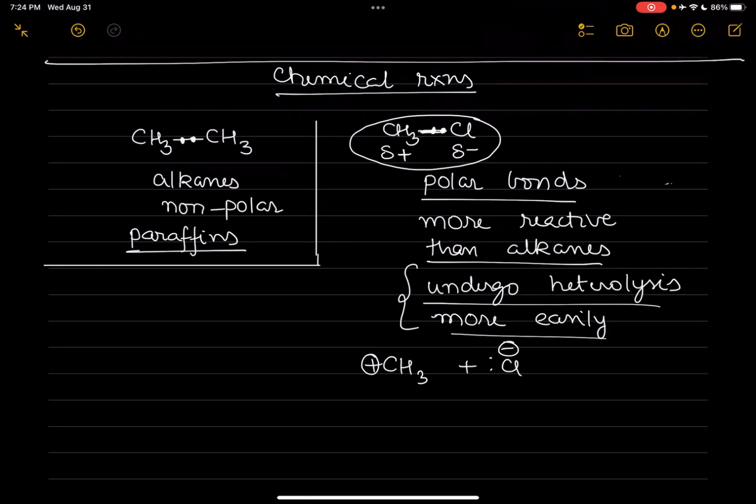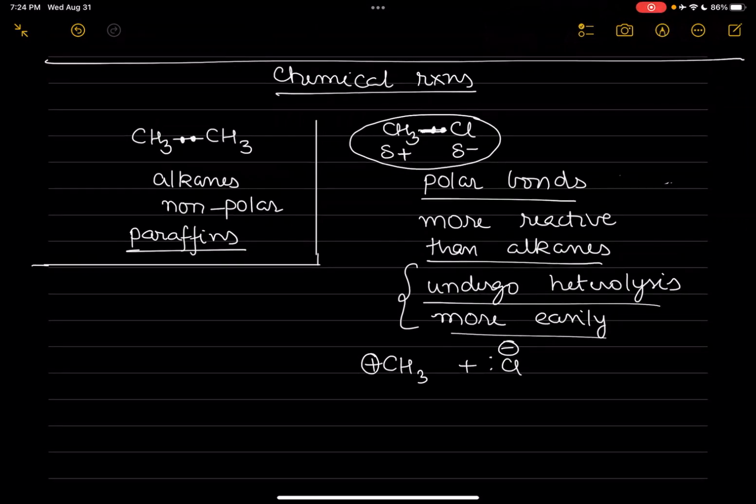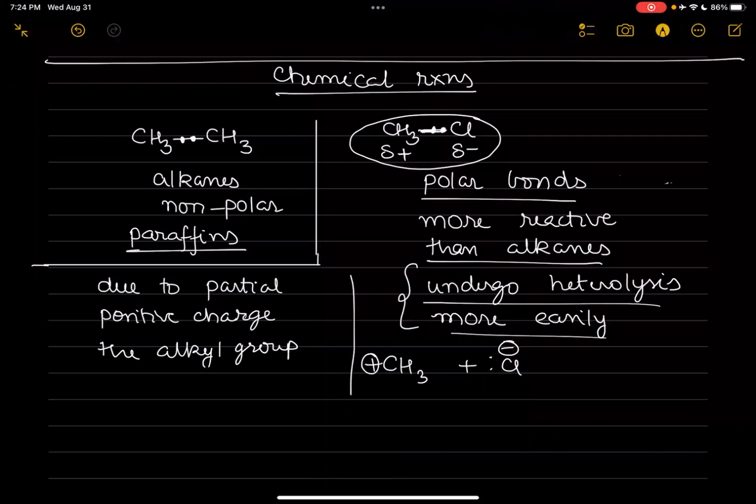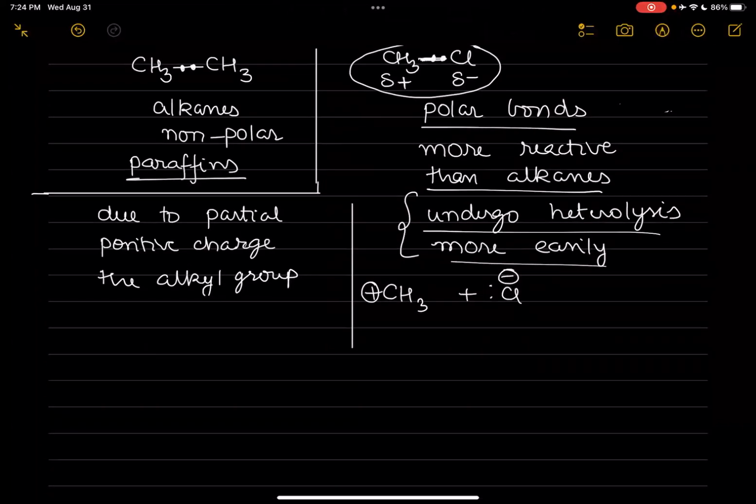The other thing is, due to the partial positive charge, the alkyl group is susceptible towards the attack of nucleophile.